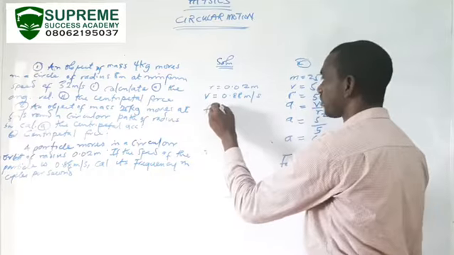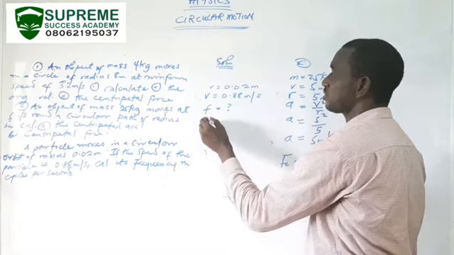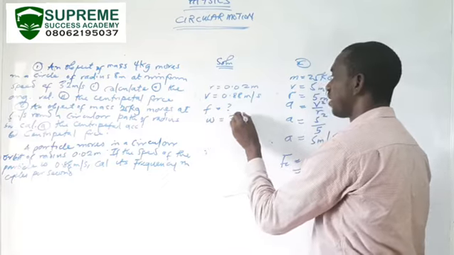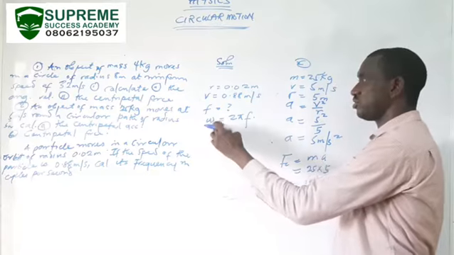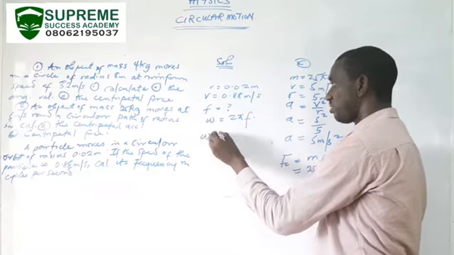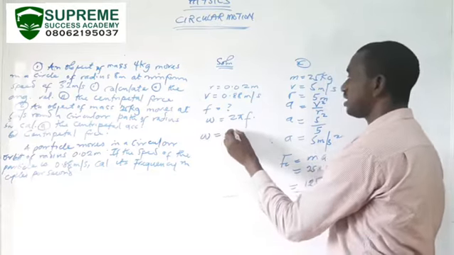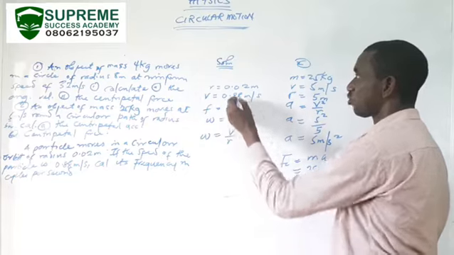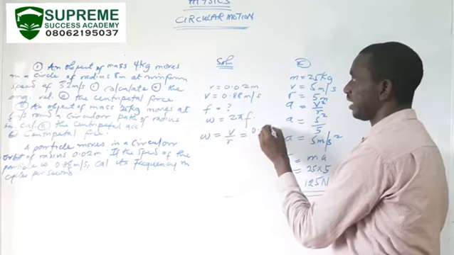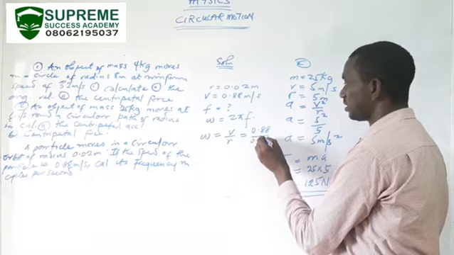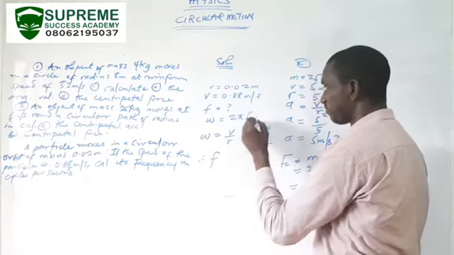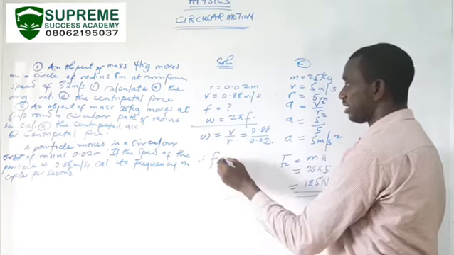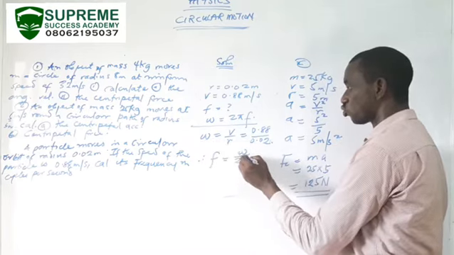We are looking for frequency. Your W is given by 2 pi F. So for you to get frequency, you need to first get W. And don't forget, your W is V over R. So what's your V? 0.88 over 0.02. So therefore, your frequency from this equation is given by W over 2 pi.